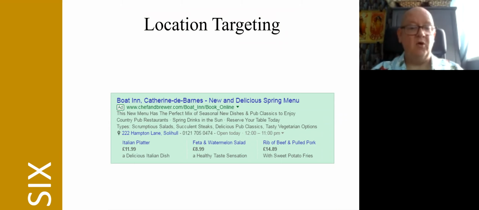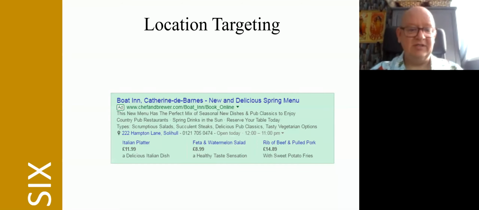We showed them a bespoke ad. New menu, perfect mix of seasonal new dishes, pub classics to enjoy. And then we had some call-outs. There were country pub restaurants. You could have spring drinks in the sun. In the winter, we'd change the ad copy for meals by the fireside and make it a lot warmer and indoorsy.